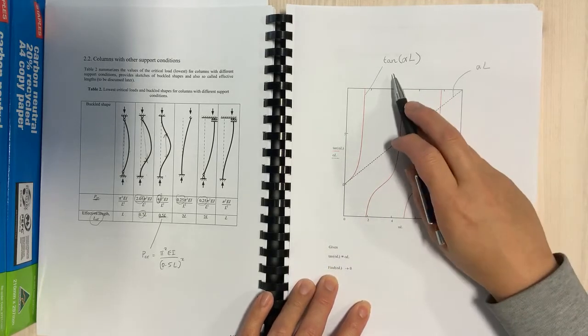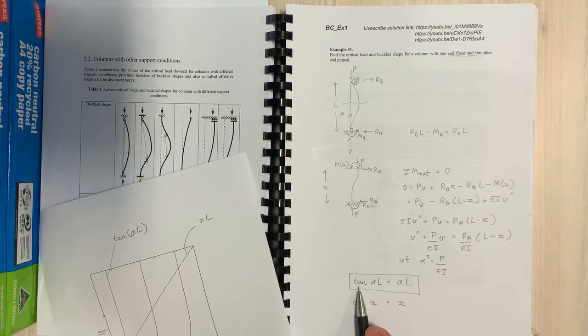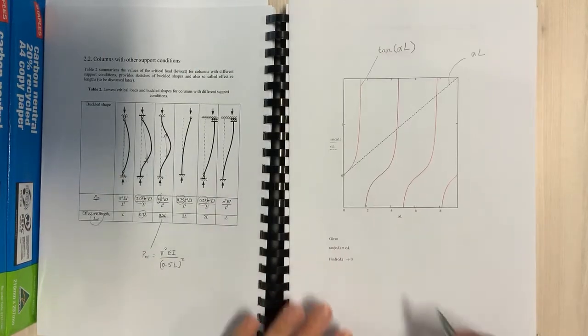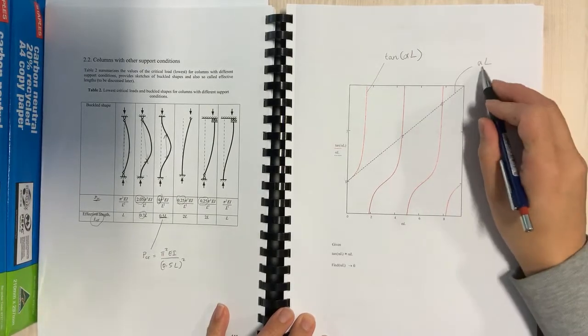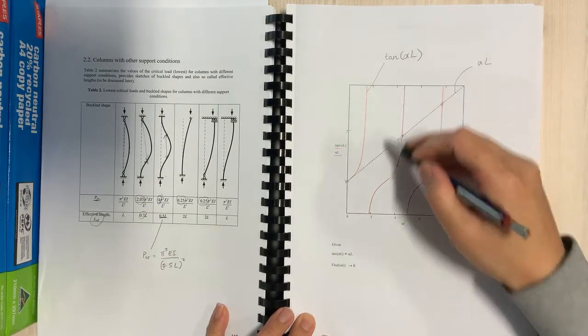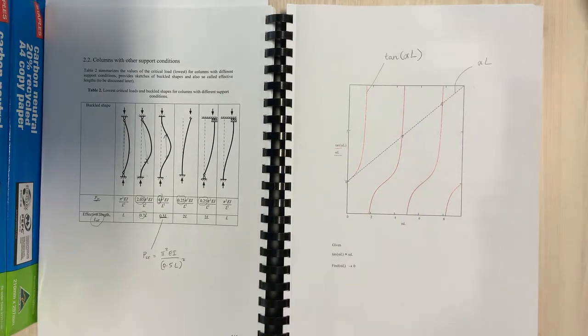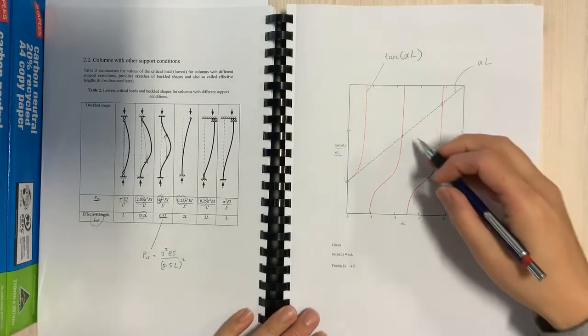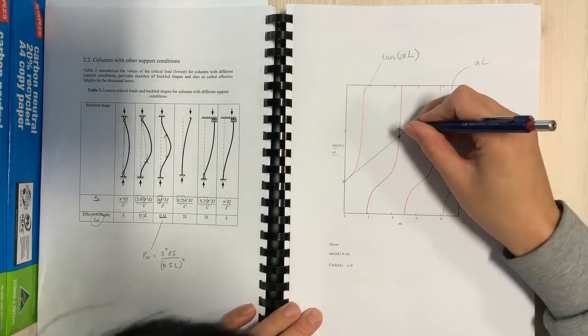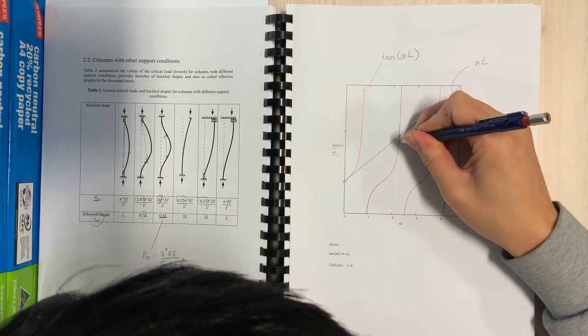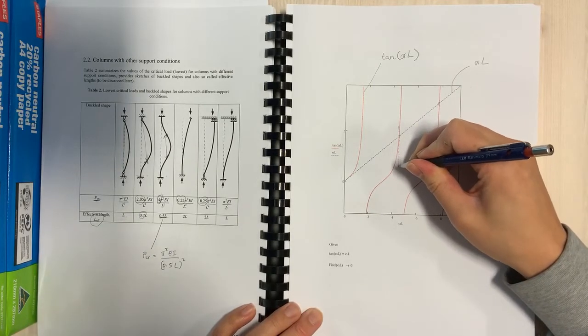And all we're trying to do from this equation, tan alpha L equals alpha L, is to find the intersections, or where the graph of alpha L intersects with the tan alpha L curves. You can draw your graph out on a bit of graph paper, and then read off that value.